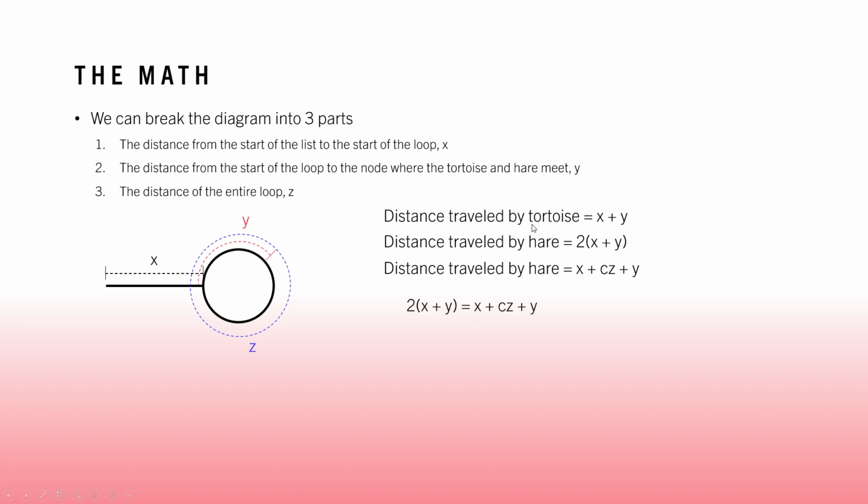So if we set these 2 equations equal to each other and solve for x, we can see that x, the distance from the start of the list to the beginning of the loop, is equal to some constant times the length of the loop minus y.